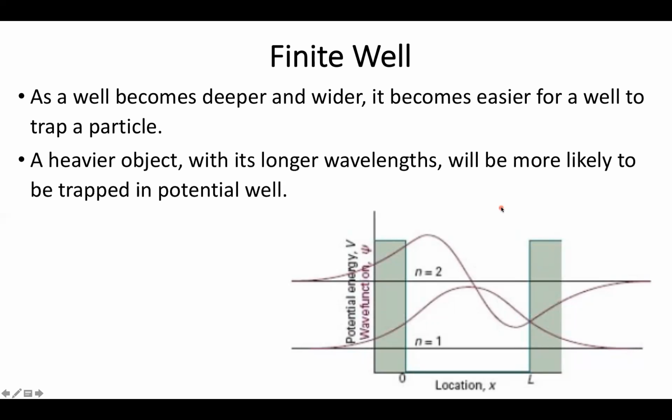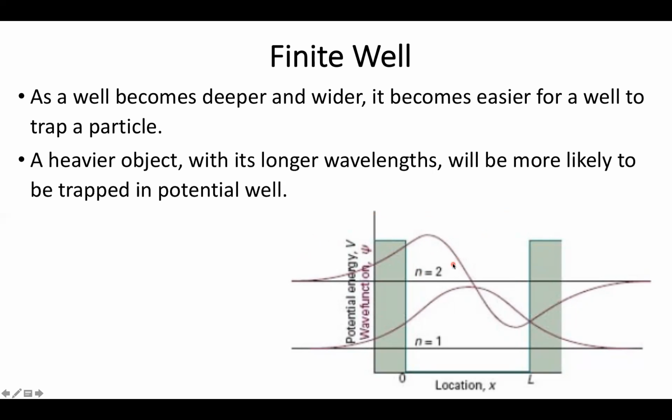And really what happens is we can kind of accommodate one more state than the well allows. So there's going to be one state where the energy is slightly higher than the barrier. And you can kind of think of this as if you fill a glass cup, you can fill the water level just a little bit higher than the edge of the cup before it all spills out.